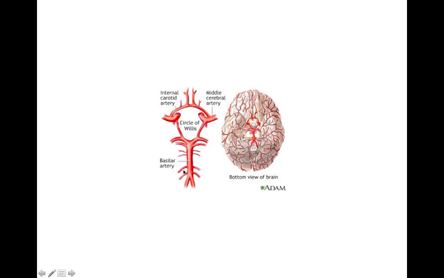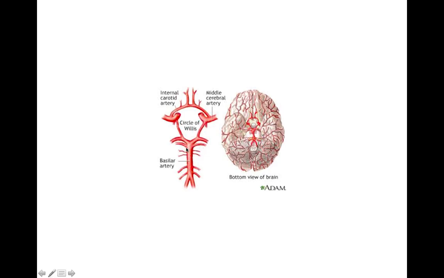On their way, they give branches to the spinal cord, the anterior and posterior spinal arteries, and branches to the cerebellum. The basilar artery is formed here by the union of the two vertebral arteries. The basilar artery gives a branch to the cerebellum as the posterior inferior cerebellar artery. Then it gives another branch as the anterior inferior cerebellar artery to the cerebellum.